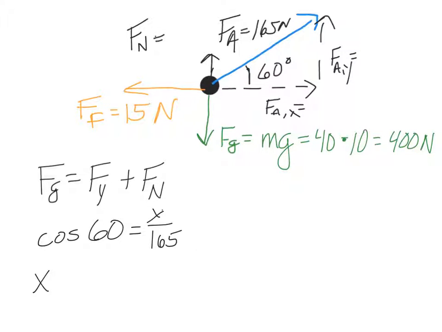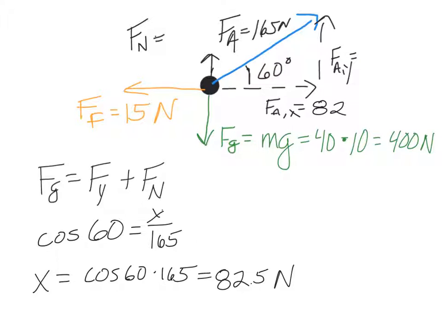To solve for X, cosine of 60 times 165 would be 82.5. So I can add that to my force diagram, 82.5 newtons acting to the right for the X component.